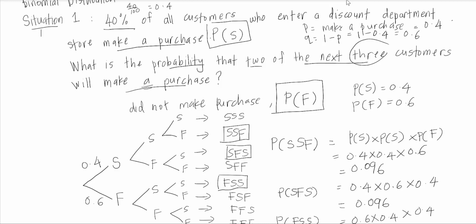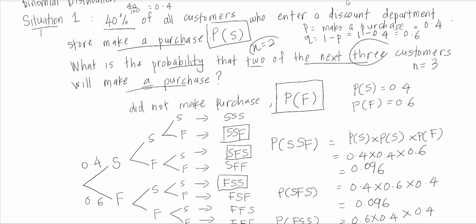Now, from this question, we already have p as 0.4 and we already have q. And what is x and what is n? We have 3 customers, so this is n. We have the number of trials of 3 customers. And what is x? x is the number of successes in n trials. So n is equal to 3, and the number of successes is x equal to 2.